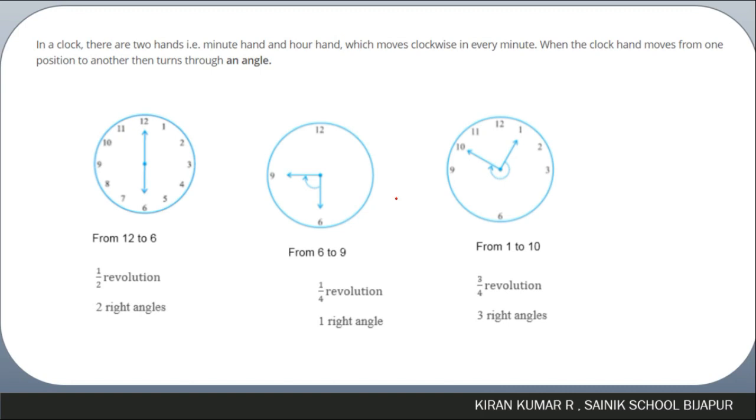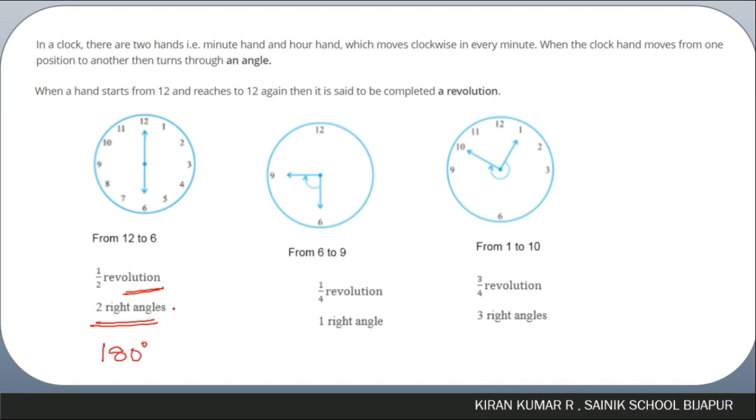Here you observe, when the hand starts from 12 and reaches 12 again in one complete revolution, 360 degrees is formed. Suppose half a revolution is done, we get two right angles and it forms 180 degrees. Here in one revolution we get 360 degrees.